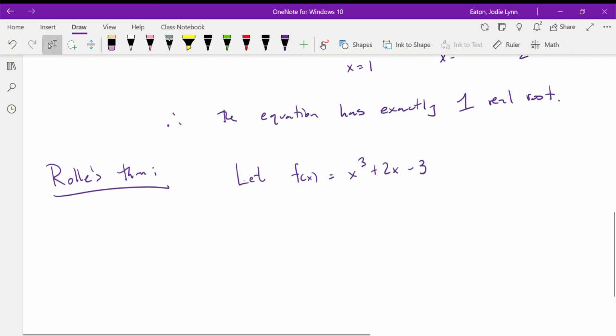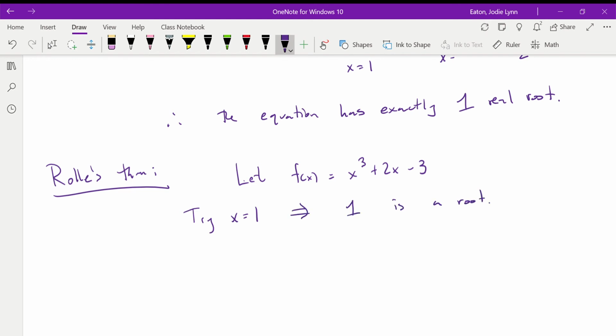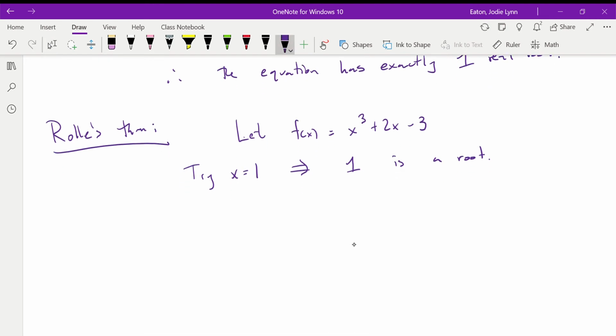Let's say we don't know synthetic division or polynomial long division. We try x equals 1. 1 is a root. So let a equal 1.